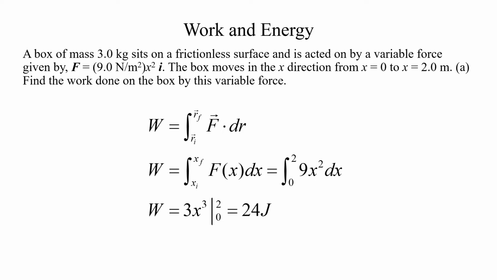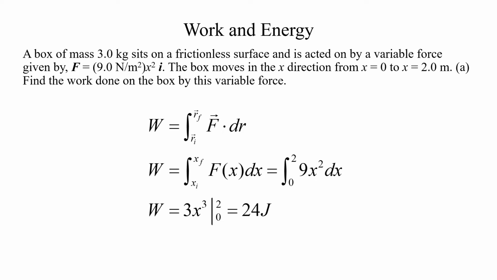So part A, we want to find the work done on the box by this variable force. So, of course, we have to integrate. The general expression for work done by a variable force, of course, is the integral from initial position to final position of F dot dr. Well, F is in the x direction, and our displacement's in the x direction, so we just have to integrate F of x dx, from our initial x to our final x. And so the integral then goes from 0 to 2, and our force is 9x squared, and then dx.